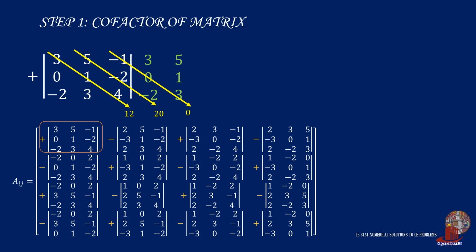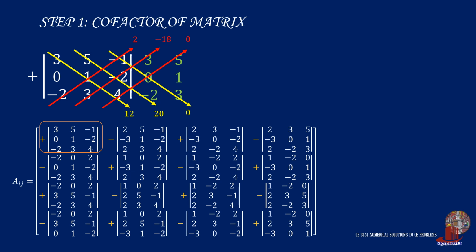Now let's solve the negatives by taking the product of the anti-diagonal elements. Those are first, negative 2 times 1 times negative 1, which gives 2. Next is 3 times negative 2 times 3, which is negative 18. Then 4 by 0 by 5, giving 0.